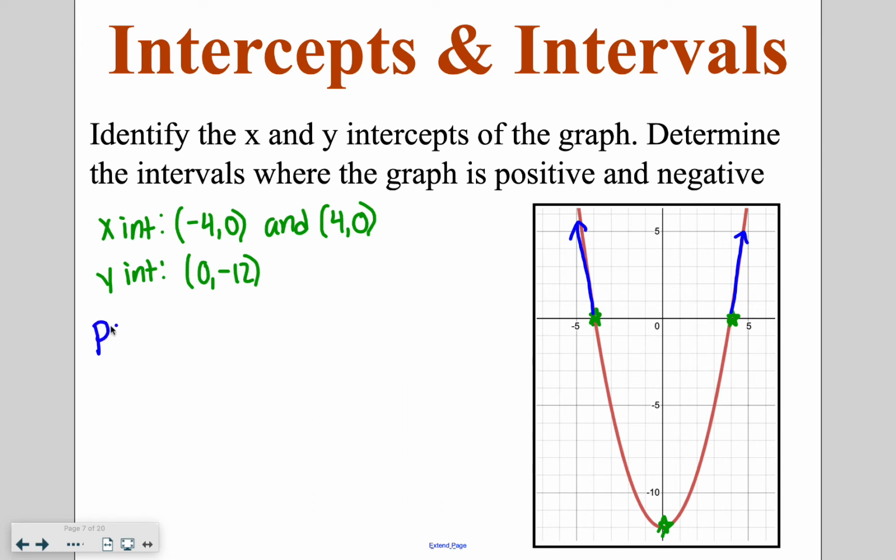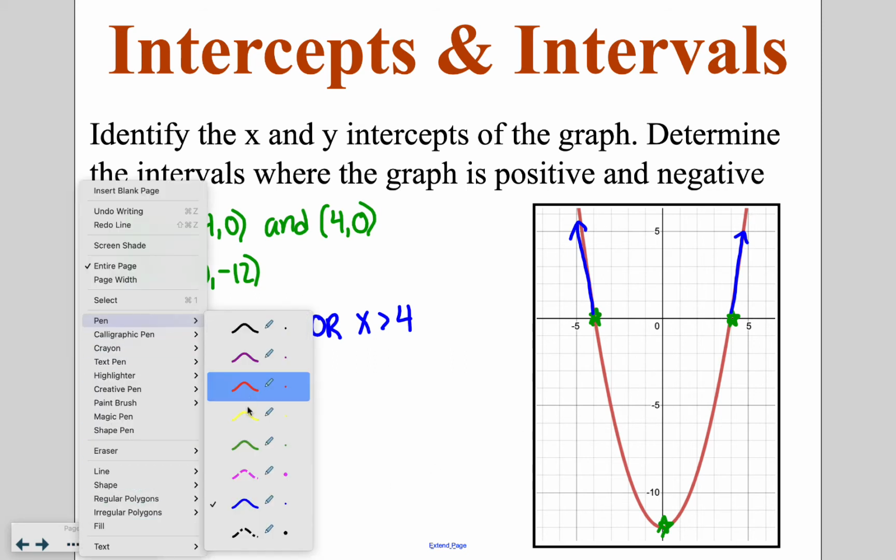So for the positive portion of your graph, the first piece are the x values that are smaller than -4. There's another option, so we're going to put in an or, the x values that are greater than 4. So those two pieces at the ends of our graph.